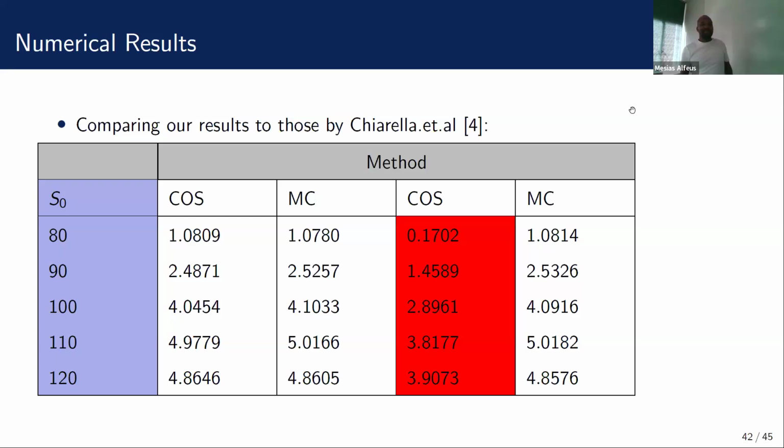They got these results using the cosine method and then Monte Carlo. I did the COS method and then the Monte Carlo, and I still have to work on this code to achieve the same results. But the Monte Carlo, of course, I did that one, which agrees almost at least to the first decimal place with the results in that paper.